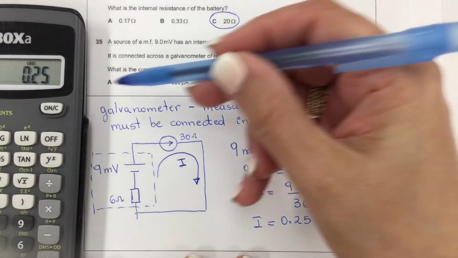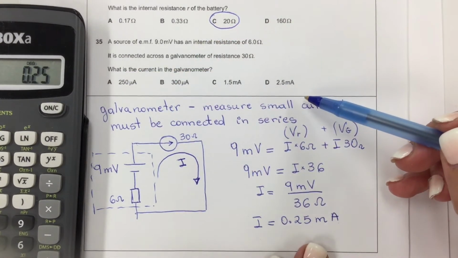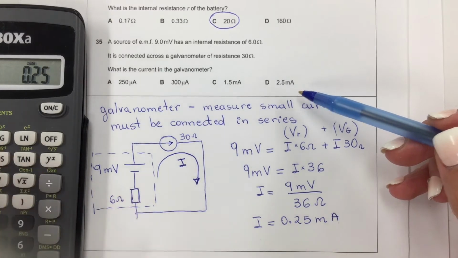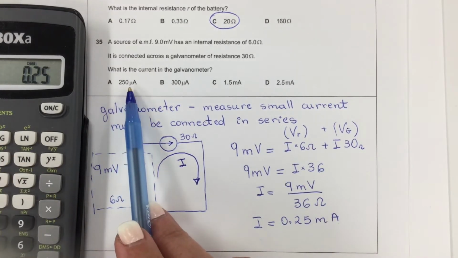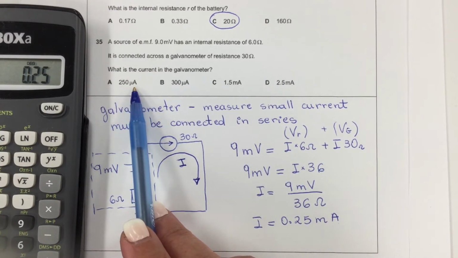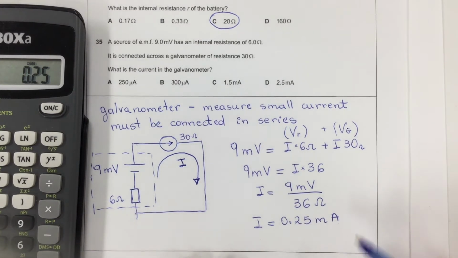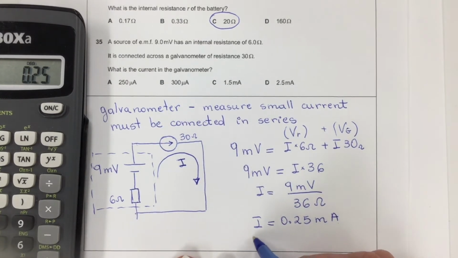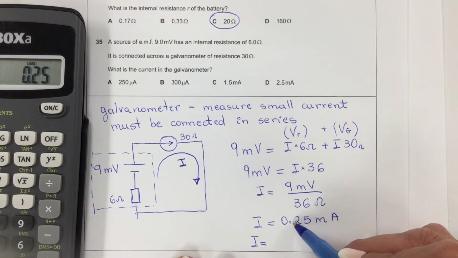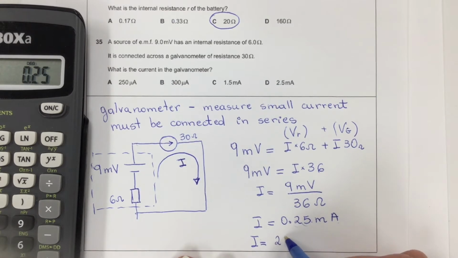Look at my options here. I do not have this option, but I have this one, 250 microamps. So let's see how these work out. So I is equal, if I move my decimal 1, 2, 3, and I make 250 times 10 to the minus 3 times milli is 10 to the minus 3 amps.